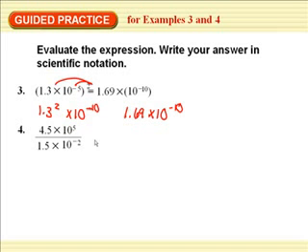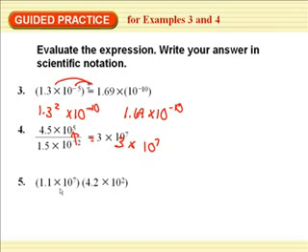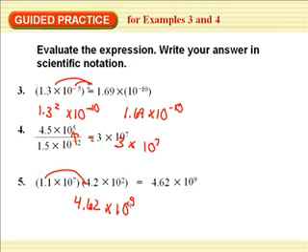So now we divide. 4.5 divided by 1.5 is 3, and then the negative just goes up and joins that one, so times 10 to the 7th. Number with number, multiply 1.1 times 4.2, which is 4.62 times 10 to the 9th. You add those exponents.